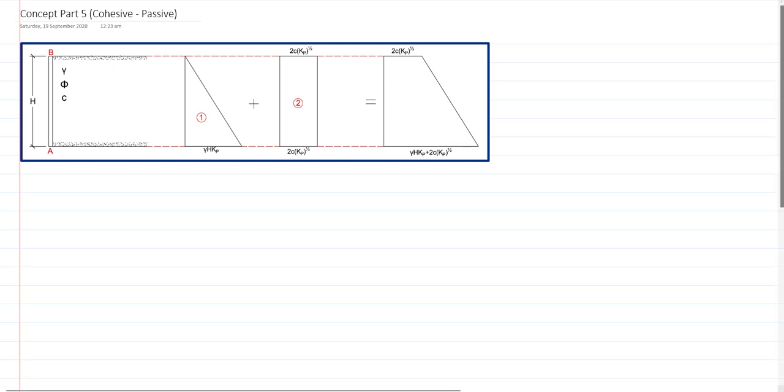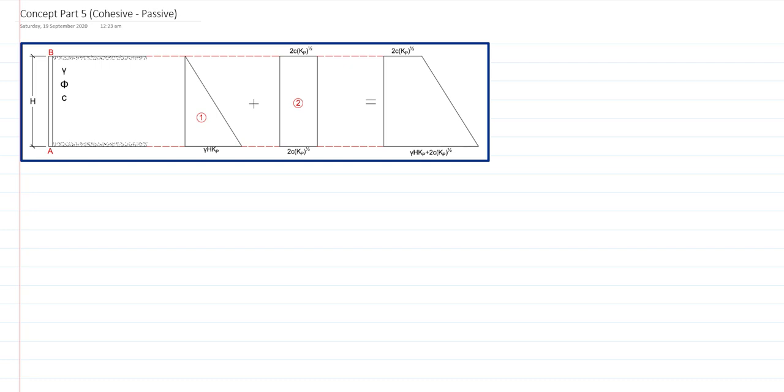the lateral earth pressure concept for the passive and the active condition. So, nandun tayo sa part ng pagdetermine ng diagrams for our lateral earth pressures. So, nandito tayo ngayon sa concept na for the cohesive soil under the passive condition.